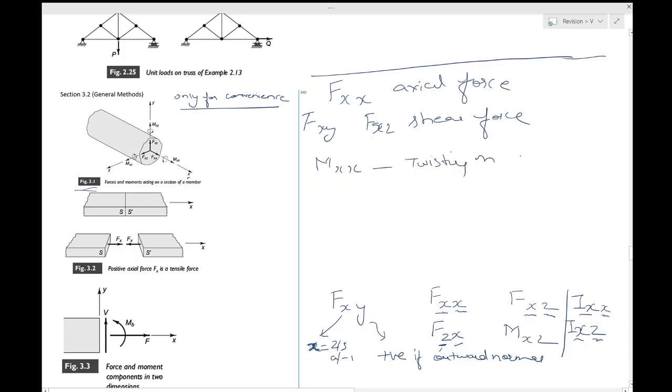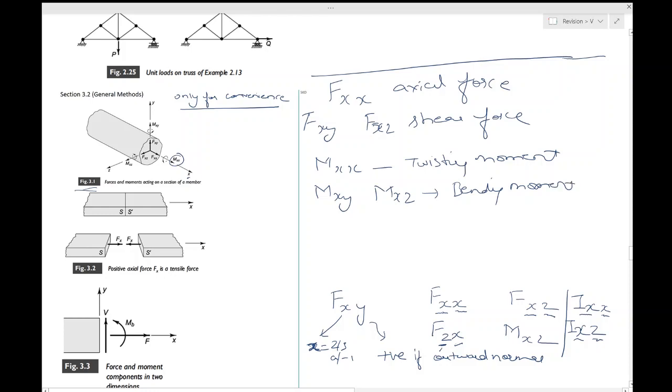I hope you can see why it is the twisting moment. Try twisting a pen. Try twisting the pen which is with you, and you will see that you apply the moment in the direction which is shown by mxx. That's why this is called a twisting moment. And mxy and mxz are called the bending moment.